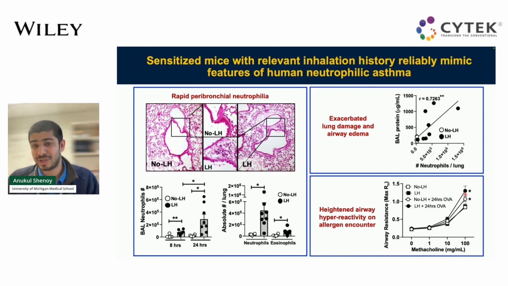In data I'm not showing you here, in the paper we ended up showing that this disease is steroid resistant, and the neutrophilic influx, unlike other models which peak and then disappear, is actually stable for quite a long time in our model. So this truly does reflect a lot of features of human asthma.